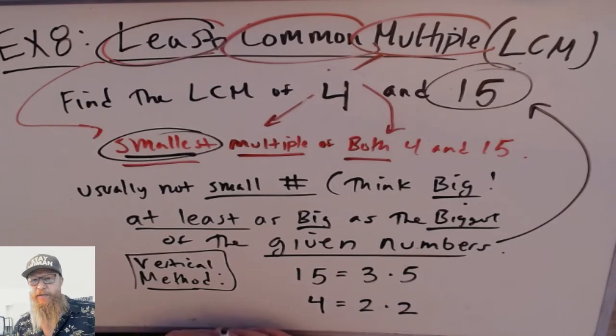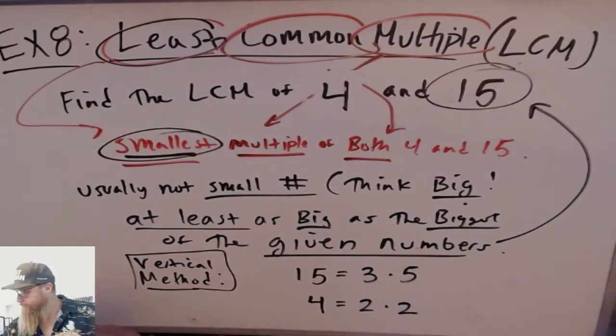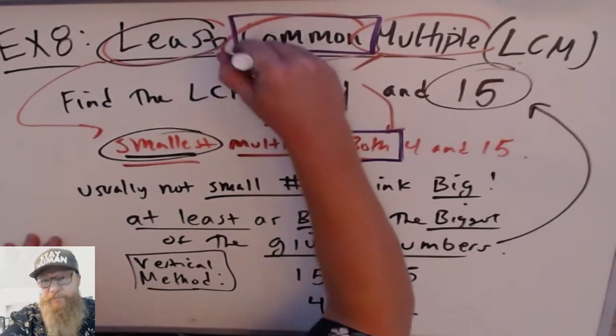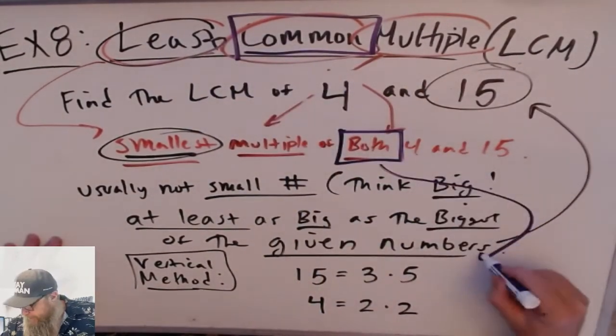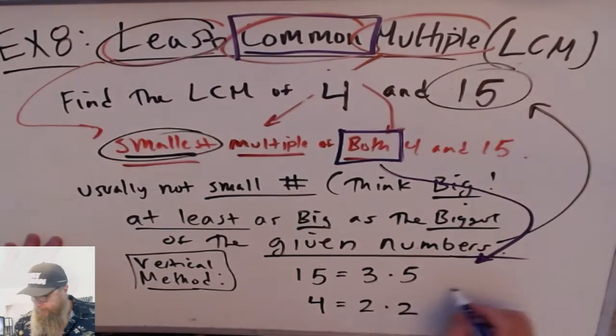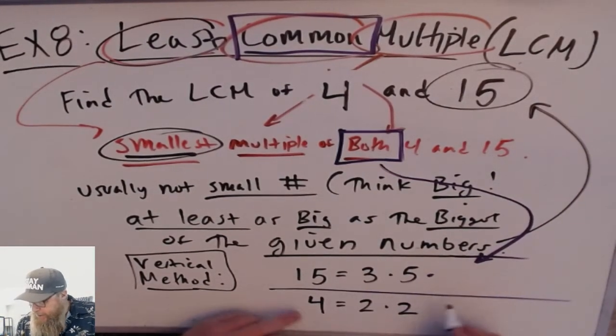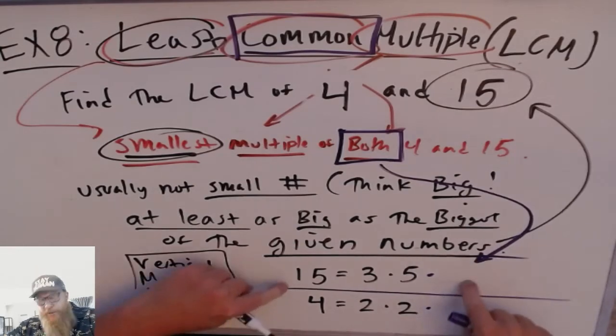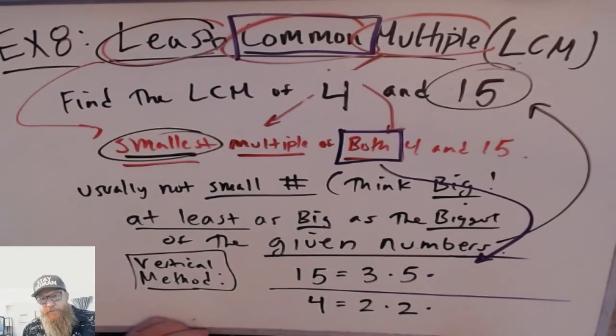That's the key. Make both of these numbers common. Do whatever you've got to do: whatever you do to one side, do it to the other side.